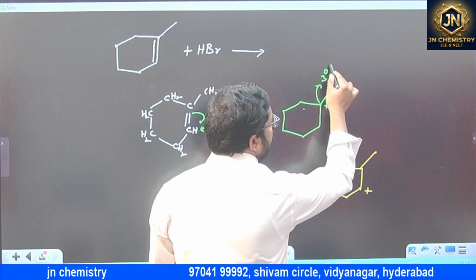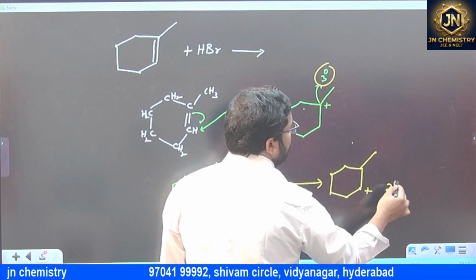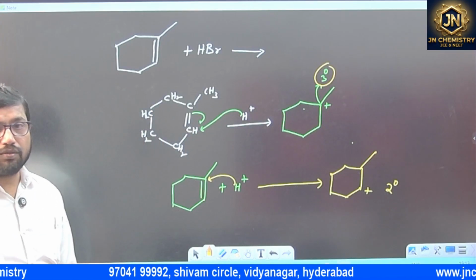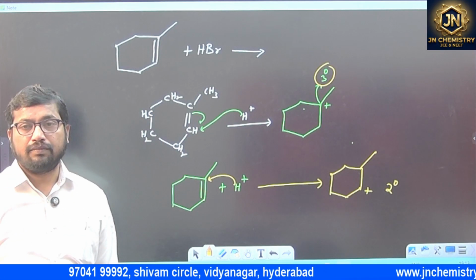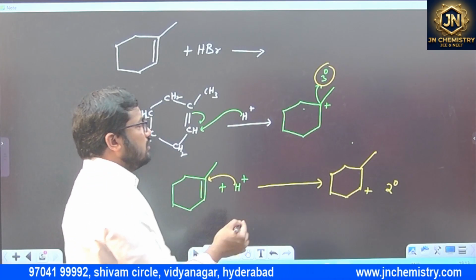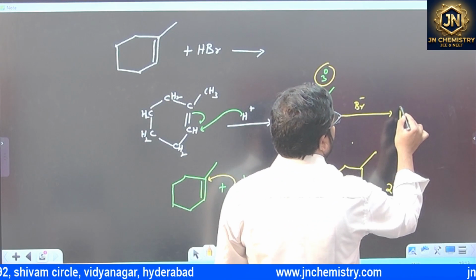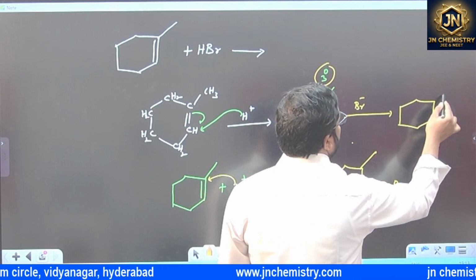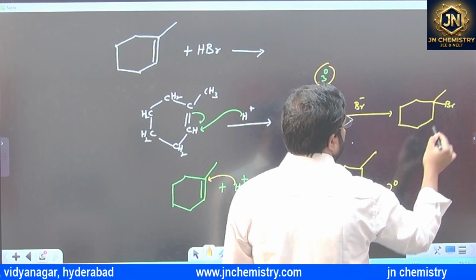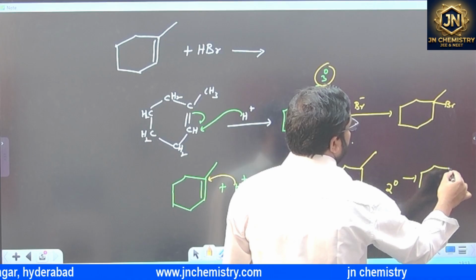This is a 3 degree carbocation, and this is a 2 degree carbocation. Which carbocation is more stable? 3 degree. So Br minus attacks over here: this is the major product, and here is the minor product.